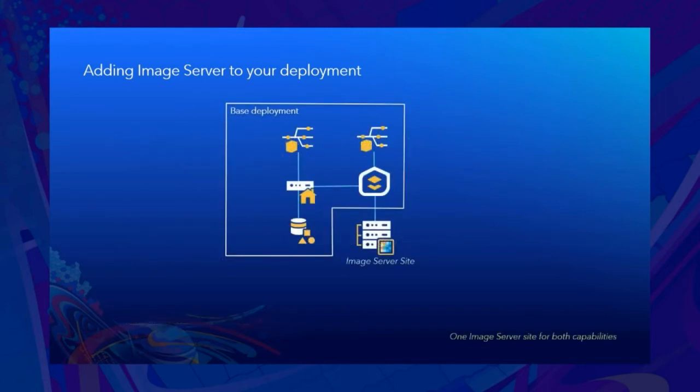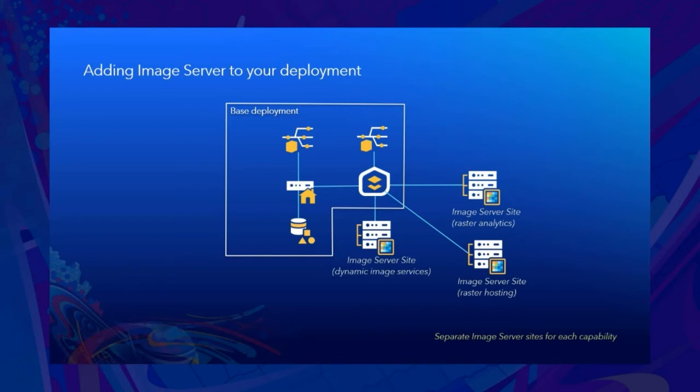Looking at that in the diagram, here's again our base deployment in the box there, and then we've added an image server site to it. So we have one image server site. Now we have the ability to do that creation of those image services, the dynamic image services, orthomosaicing, auto corrections on the fly.